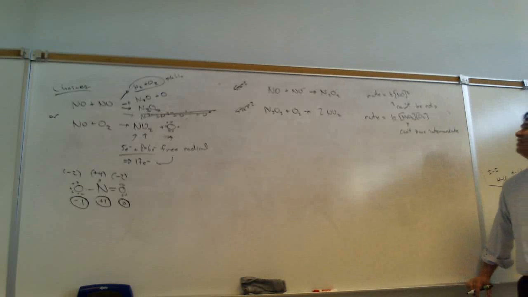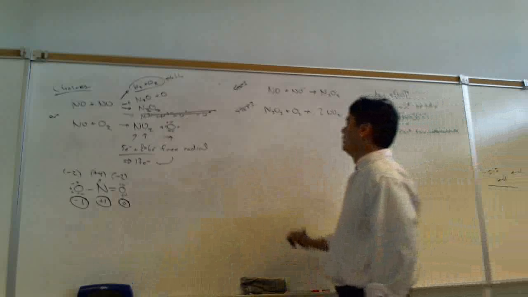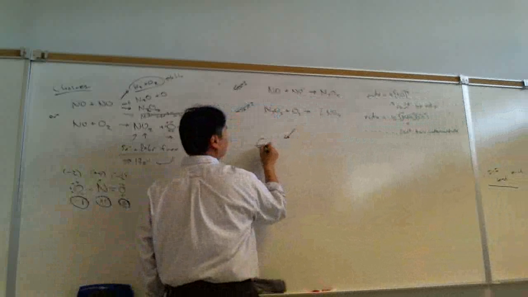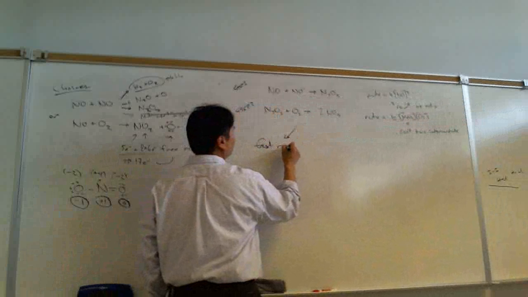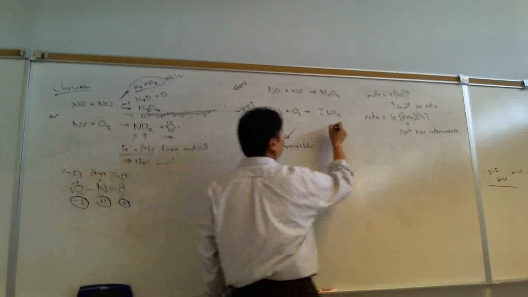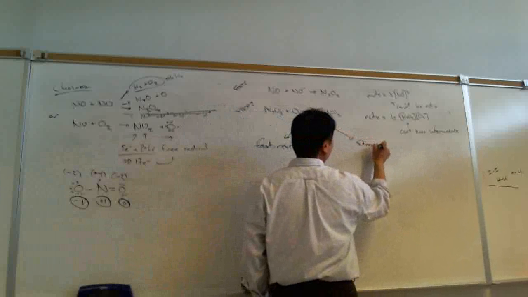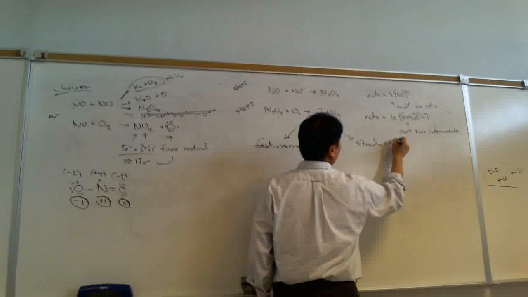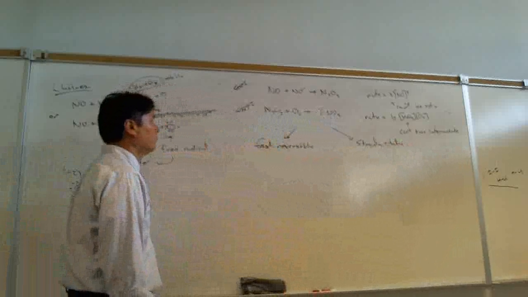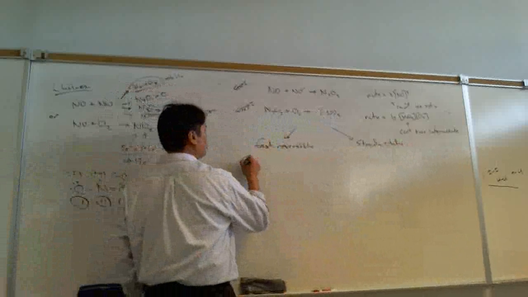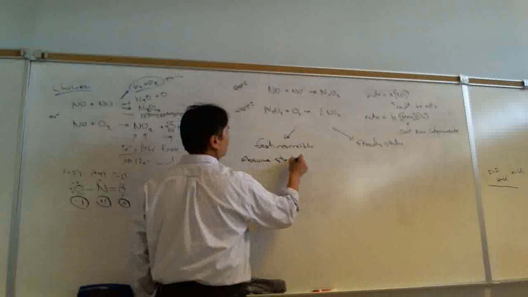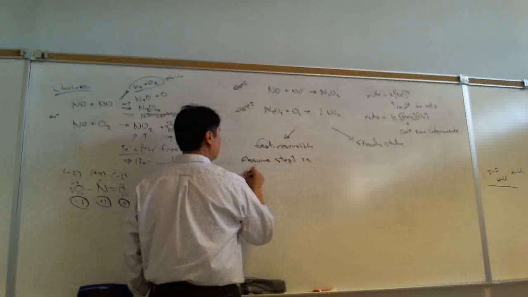And so this is what we're going to do. We have two approaches we can take for this. We can do the fast reversible, or we can take the steady state. For the fast reversible, we assume that step 1 is fast and reversible.